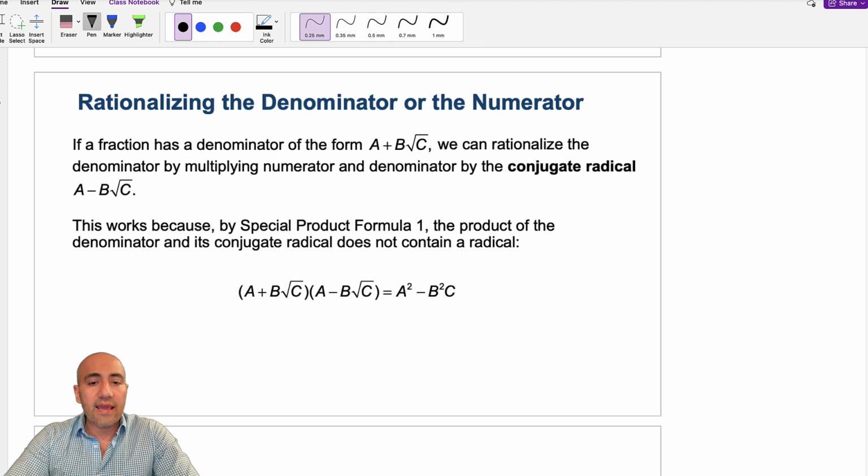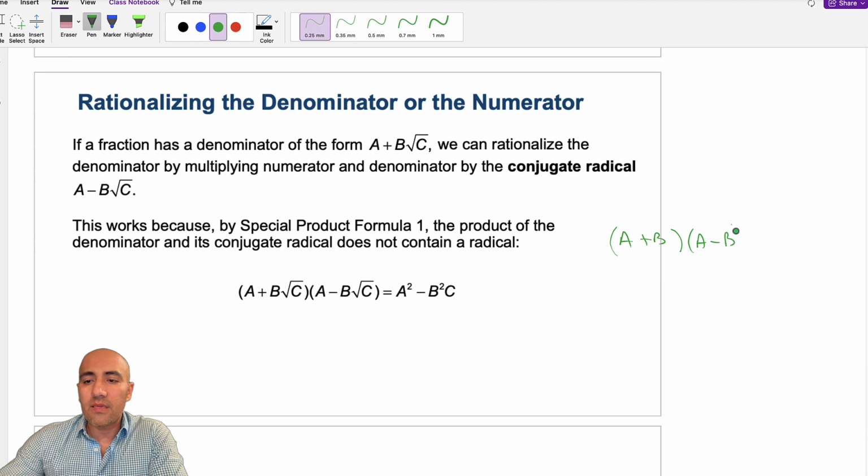So notice that if we multiply these two binomials, a plus b square root of c times a minus b square root of c, this fits the form of this one. If you remember, this fits the form a plus b, a minus b, right?